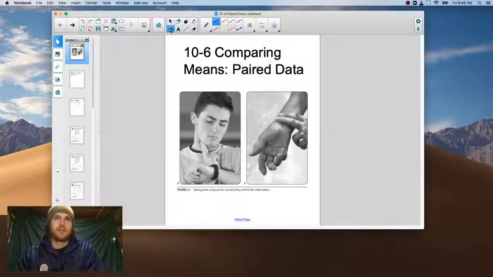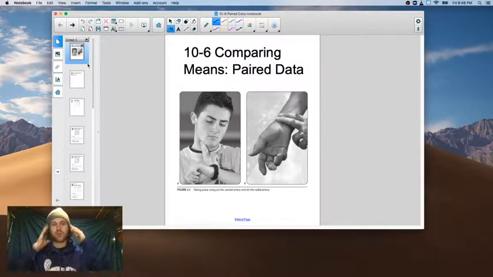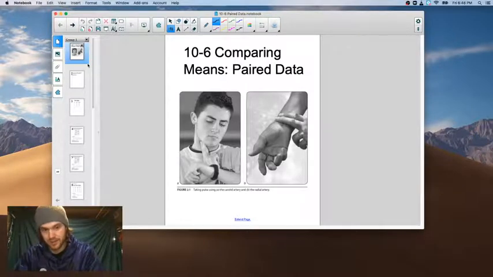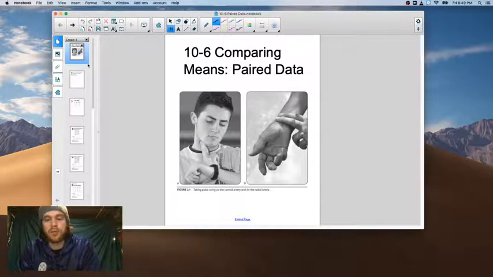Comparing means, paired data. Let's go ahead and talk about this. Now, we're going to pretend I didn't collect the data. Imagine we were sitting in the classroom, and there were 30 AP Statistics students. Based on what we already know how to do, we would want to perform an experiment, giving people the two different treatments.